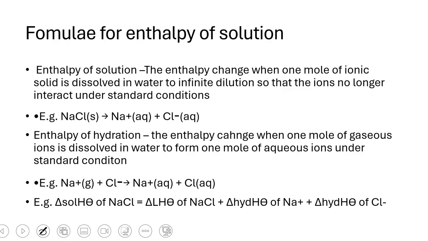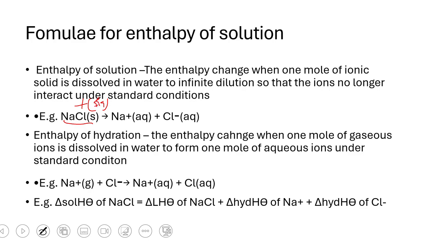So this is the formula that explains the description. This is sodium chloride, the ionic solid, and it is dissolved in water. So normally the equation will add plus aq here.